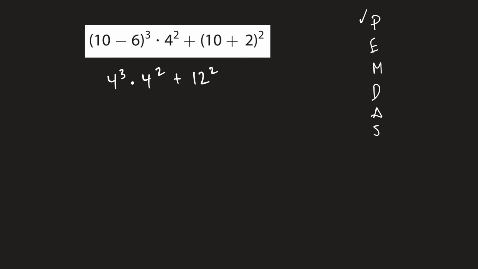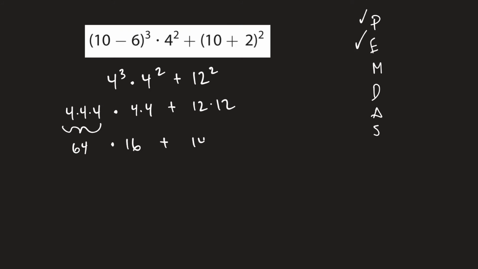Okay, now I'm going to do all of my exponents. So I was just thinking for a moment. So 4 to the third times 4 to the second. 4 to the third is 4 times 4 times 4, times 4 times 4, plus 12 times 12. I know that 4 times 4 times 4, that's 64, times 4 times 4 is 16, plus I know that 12 times 12 is 144.